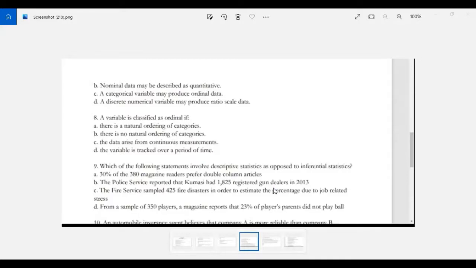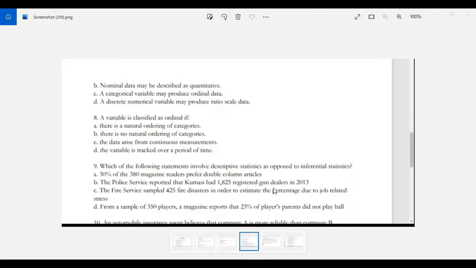Here you use a sample to conclude for the whole population. C was about a sample: the fire service sampled 425 disasters. D was also a sample: from a sample of 350 players, the magazine reports that 23% of players' parents did not play ball.